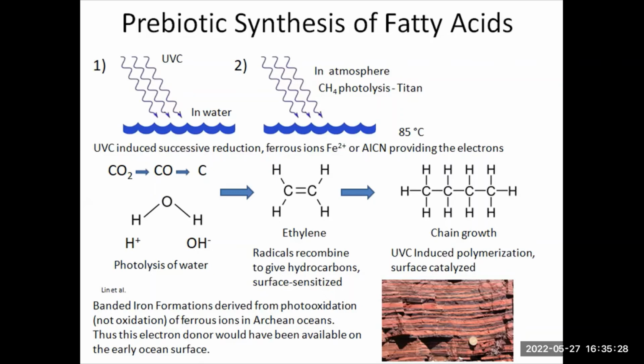In fact, this is the iron that is mined today to produce all of the materials made out of iron. So all of the things that you buy from China, for example, the steel works, are all made from iron coming out of these banded iron formations, which were laid down in the early to late Archean. And so that gives us a very good indication that these ferrous ions were available in the ocean surface to do this reduction process to produce ethylene.